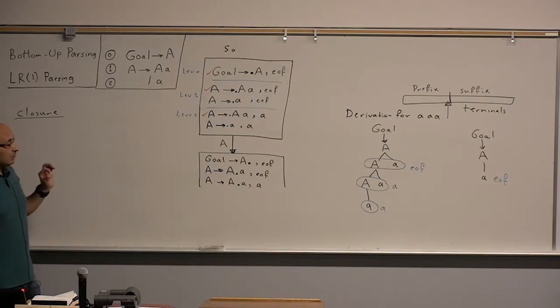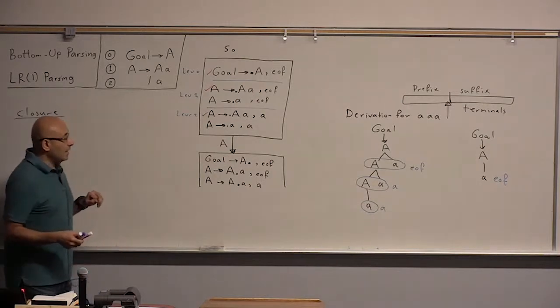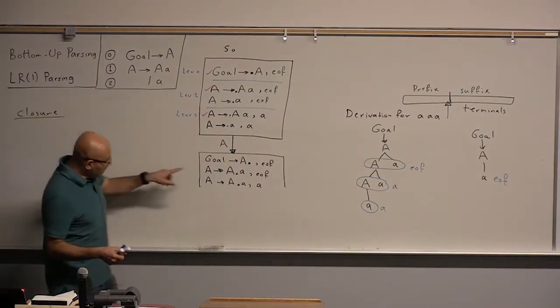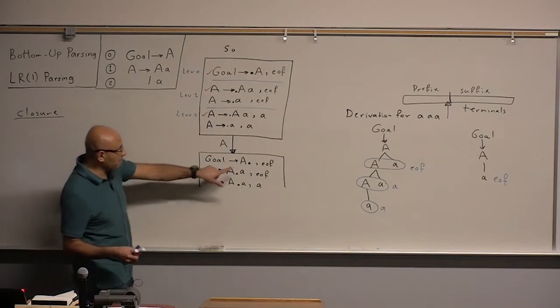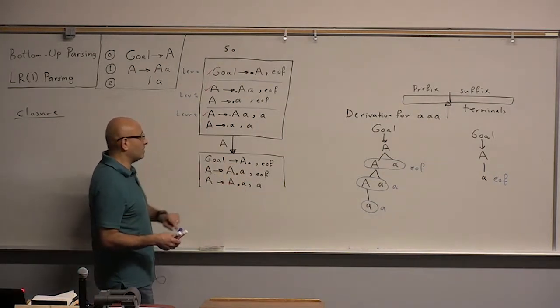Now to find the closure, we look at the placeholder and see if there is a placeholder followed by a non-terminal. So do we have a placeholder followed by a non-terminal? No. So this is placeholder followed by nothing, or placeholder followed by a terminal.